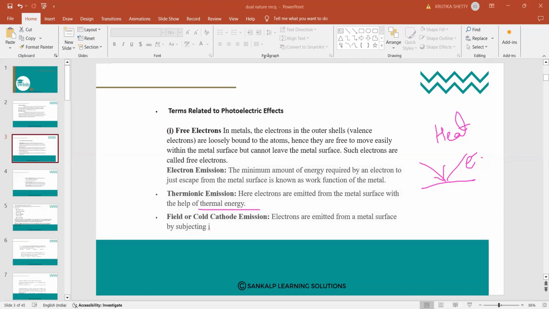Okay. So electron emission, thermionic emission. So let's go for the second type of emission, students. That is called field emission.